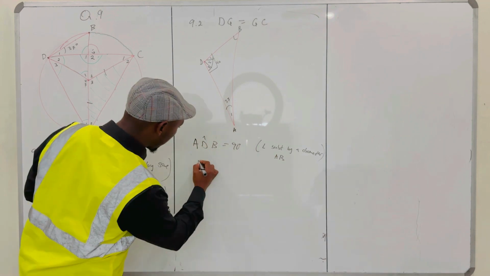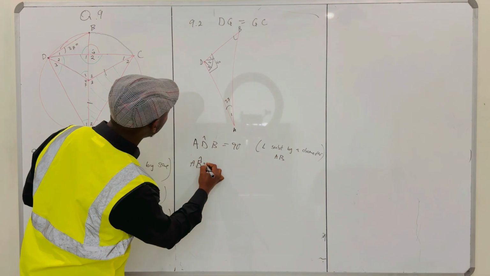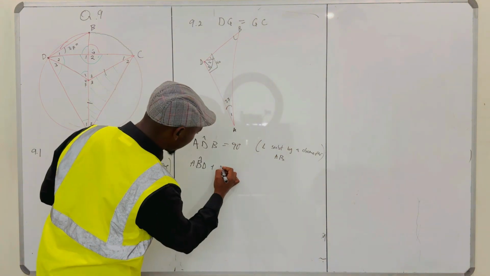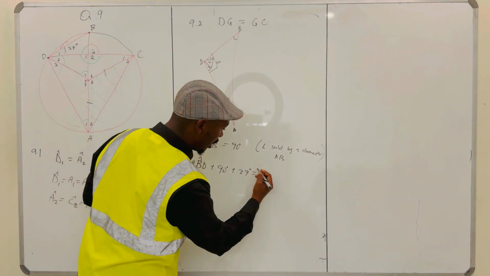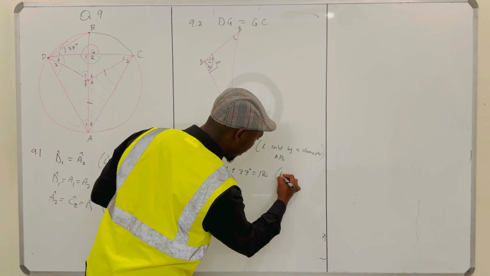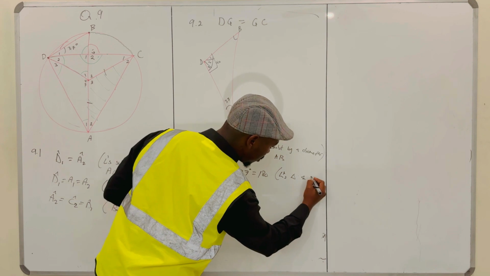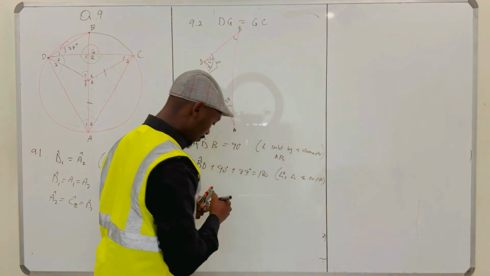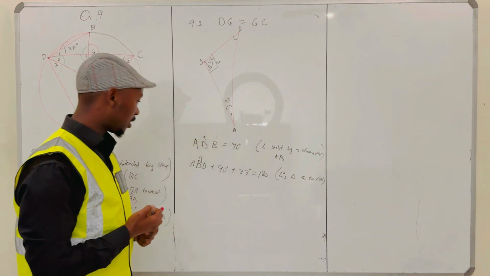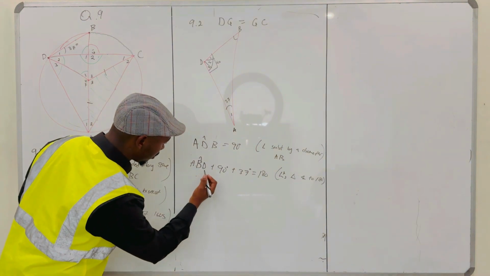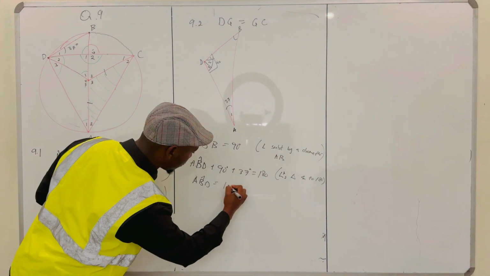So to find B, angle ABD, plus this 90 degrees here, plus angle A1, which is 37 degrees, should all add up to 180 degrees, because the angles of a triangle sum up to 180 degrees. Therefore we can calculate ABD by subtracting all of these from 180 degrees.